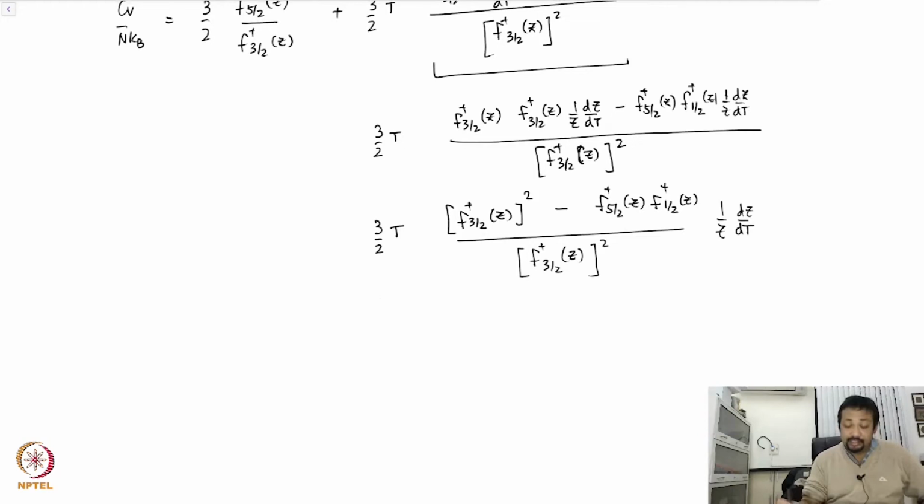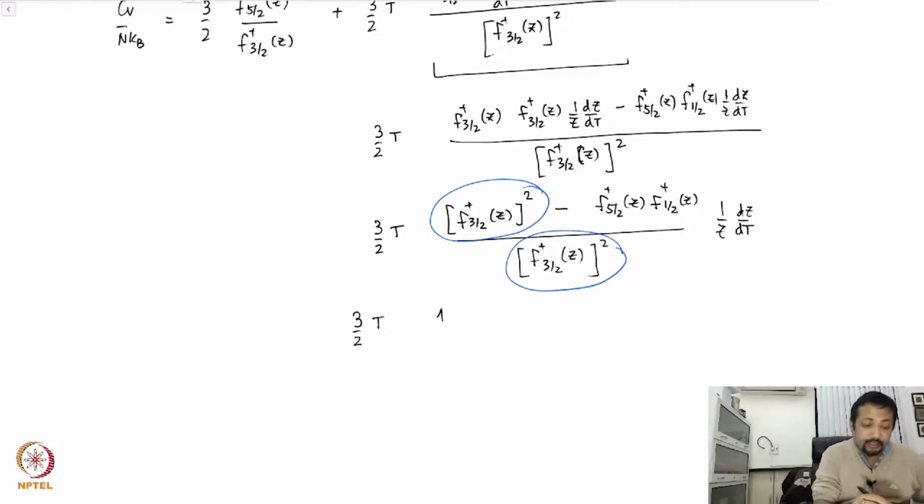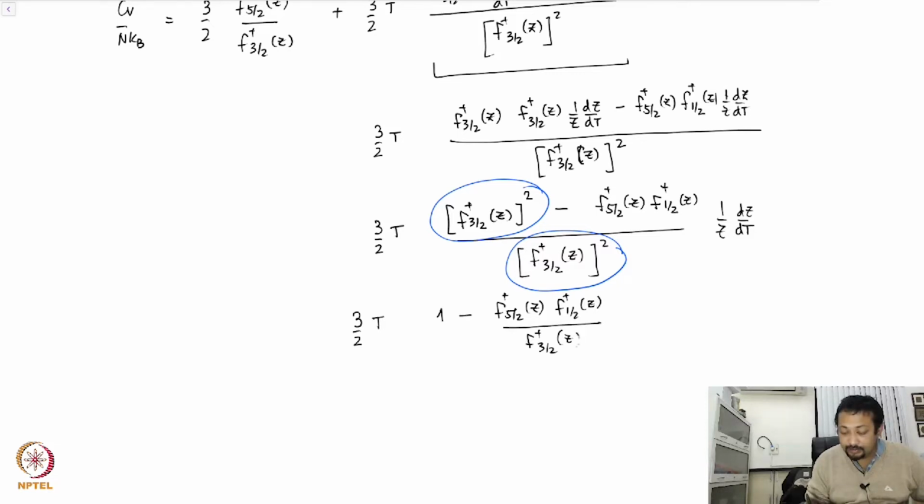So we can simplify this further and we will have 3/2 T times, this divided by this gives you 1, and you have 1 minus f_{5/2}(z) f_{1/2}(z) divided by f_{3/2}(z) whole square. The whole thing in a bracket, and I have 1 by z dz/dT.